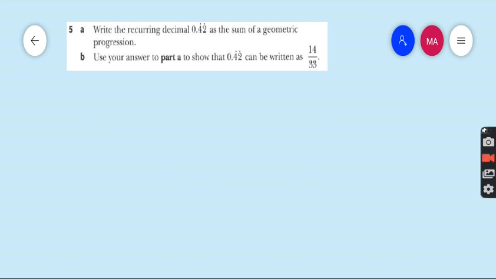Question 5 part A. Write the recurring decimal 0.4 dot 2 dot as the sum of a geometric progression. It is very easy.